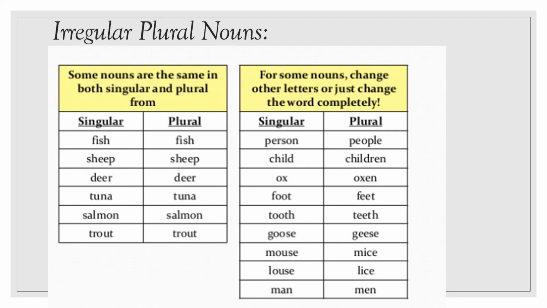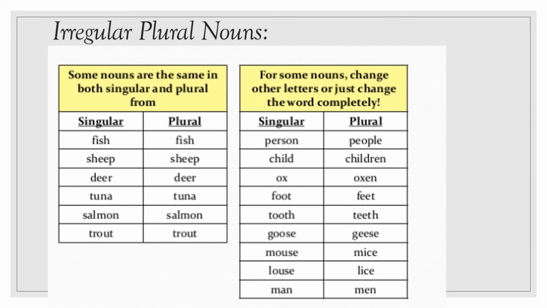Now, we have some other irregular nouns where the word completely changes, like person becomes people, child becomes children. Ox, the plural of an ox, that's an animal, it's an oxen. Foot, feet. Tooth, teeth. Goose, geese.